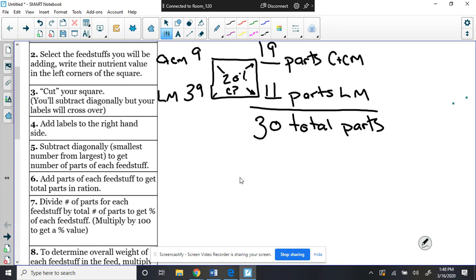So in order to do that, I'm going to rewrite my labels so that I follow through on those labels. I rewrote those. I'm dealing with corn and cob meal and linseed meal.